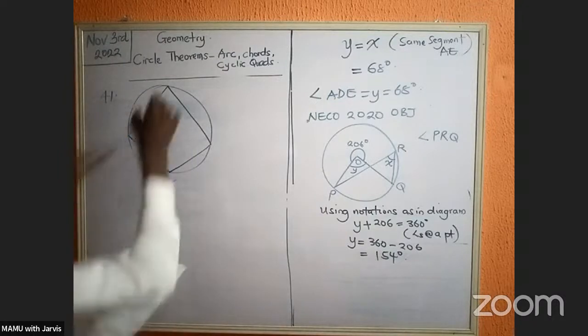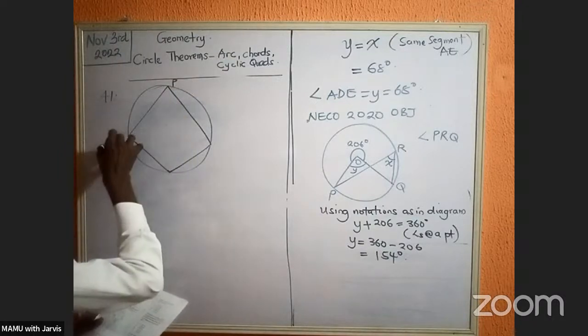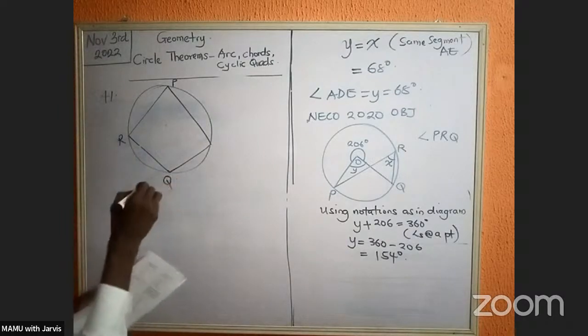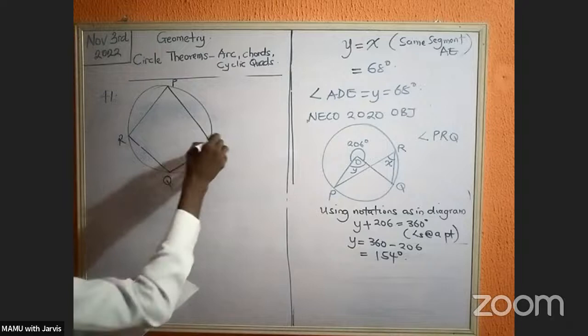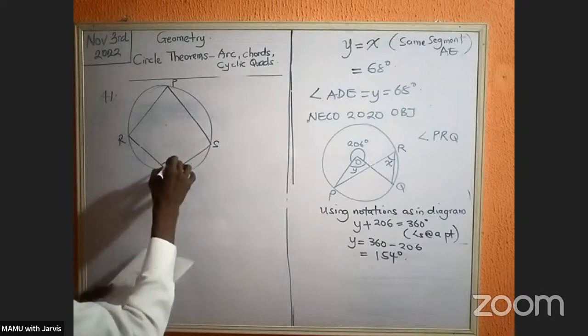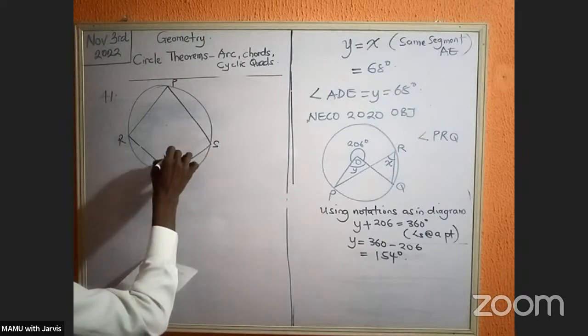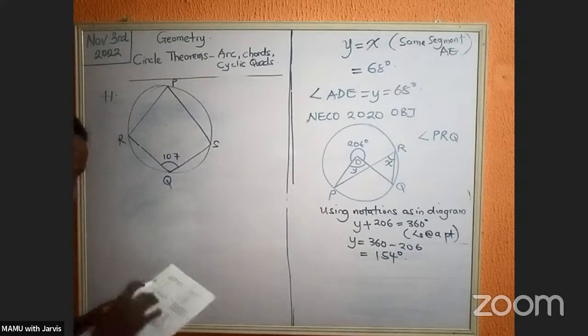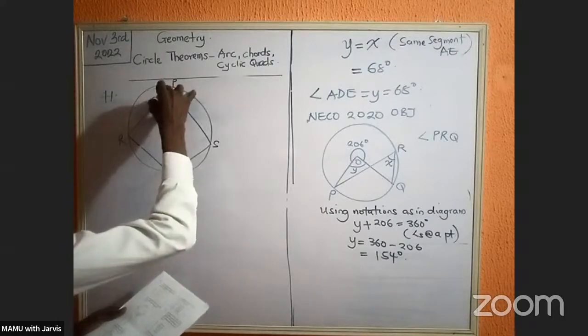So this is P, named anticlockwise, Q, R, S. We are told that this is 107, and we are told to find angle RQPS. This is what we are told to find.